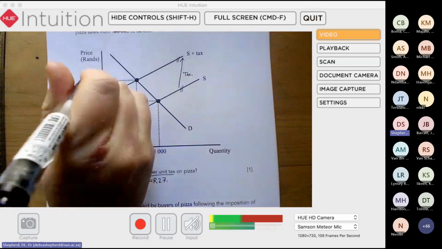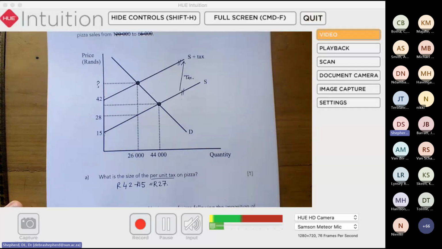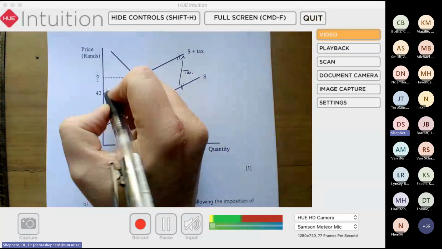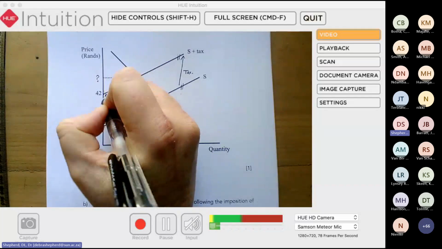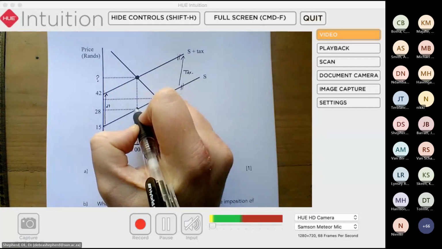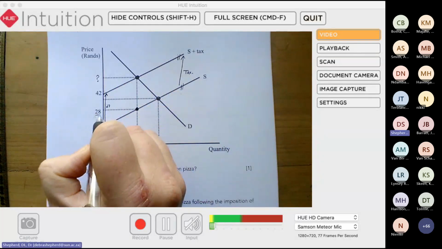So what is this price as a result of this tax in the markets? Remember, the vertical distance between these two curves is the tax of 27. At this point here, we have 28.